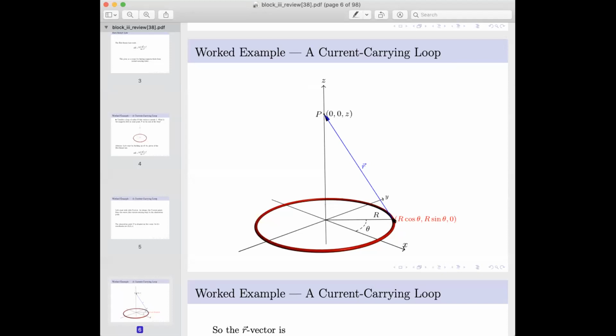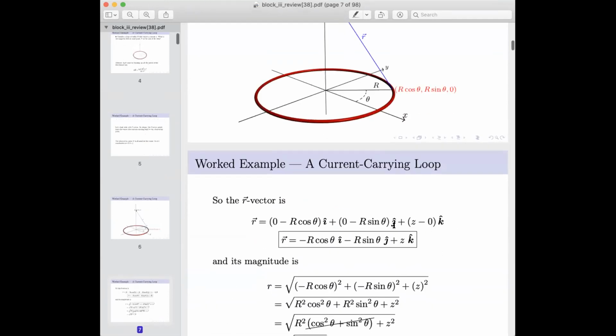And so our original coordinates are r cosine theta, r sine theta, 0. And we're going to the point above the origin, which is 0, 0, some height z, right? Then we can just do our normal subtraction, final minus initial.